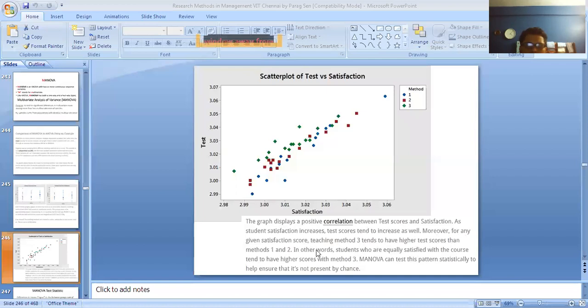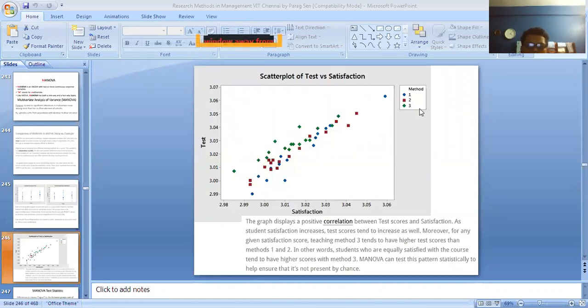Moreover, for any given satisfaction score, teaching method 3 tends to have higher test scores than methods 1 and 2. So here you can see that for a given satisfaction level, teaching method 3 will provide the highest test scores in most of the cases, or in the majority of the cases.